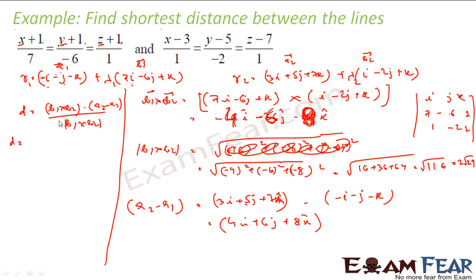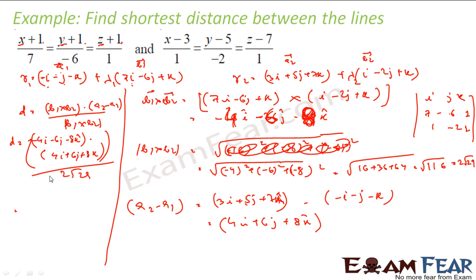So d becomes, this guy, 4i plus 6j plus 8k, dot the cross product minus 4i minus 6j minus 8k, the whole thing divided by 2 root 29.